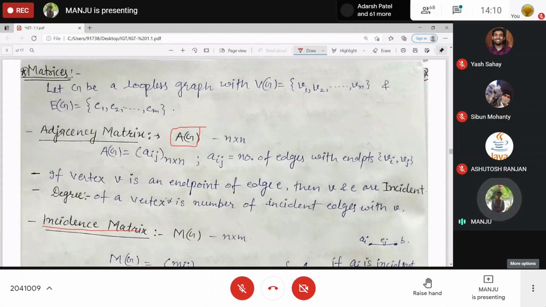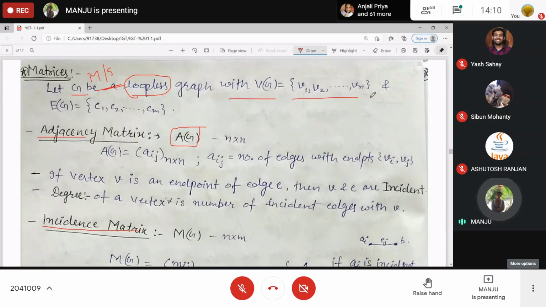Adjacency means whenever two vertices are adjacent. This word adjacency is coming from adjacent vertices. So G, the graph, is a loopless graph. Loopless means loops are not present. It may have multiple edges. Either it is a multigraph or a simple graph, but not a pseudograph. Clear?